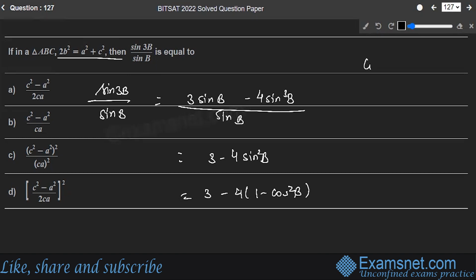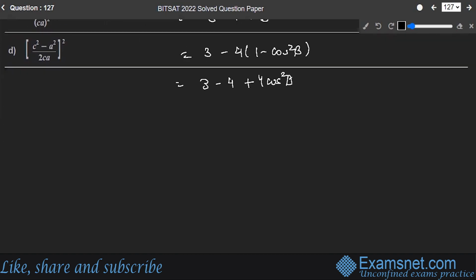You know, cos b is equal to a square plus c square minus b square upon 2bc. So this is, I will write first of all like this, plus 4 cos square b, or this is equal to minus 1 plus 4 cos square b.